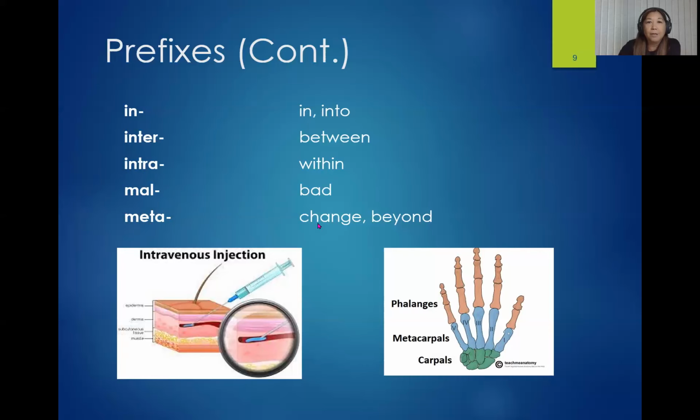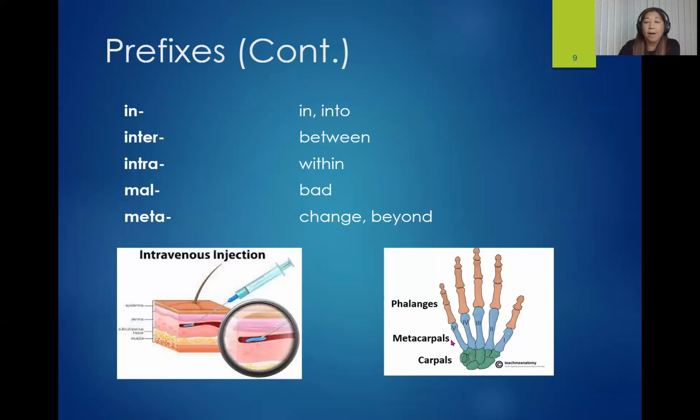Meta means change or beyond, right? So hence why Facebook has renamed itself Meta, right? So Meta, in the case of the metacarpals here, the carpals are the wrist bones and the metacarpals are the bones that are beyond the wrist, right?